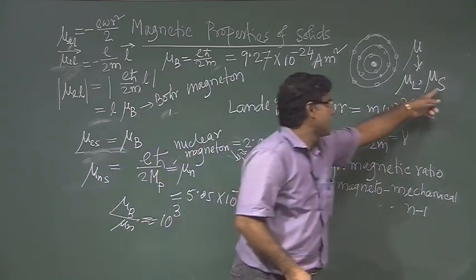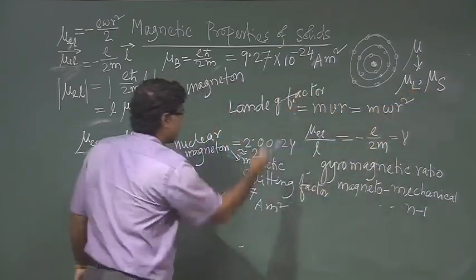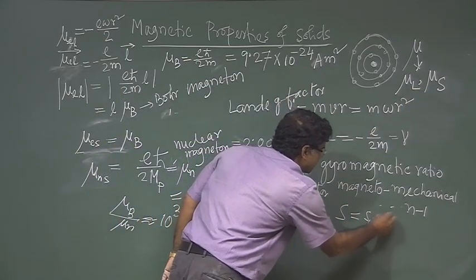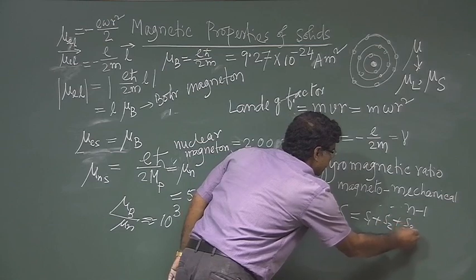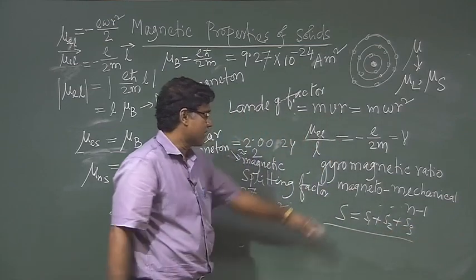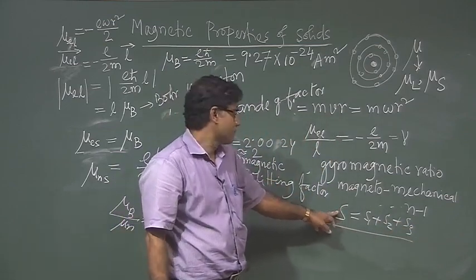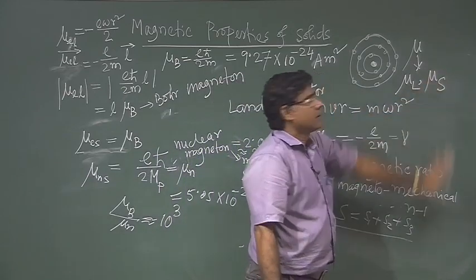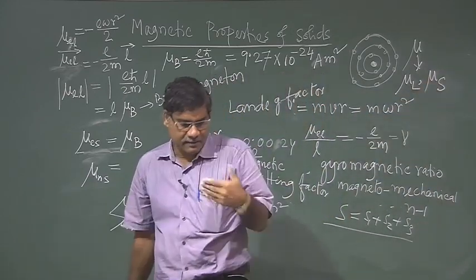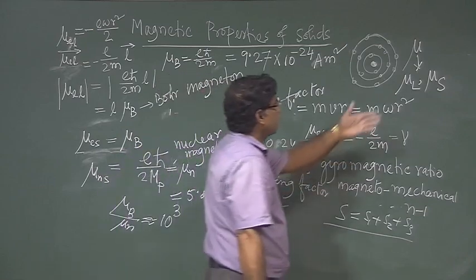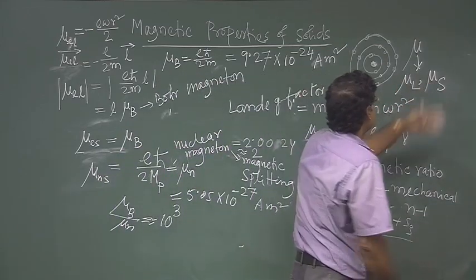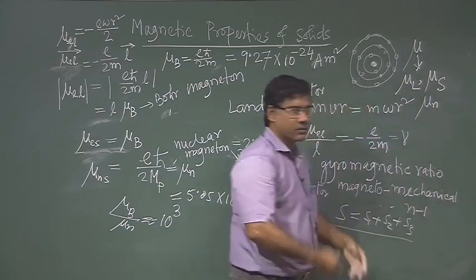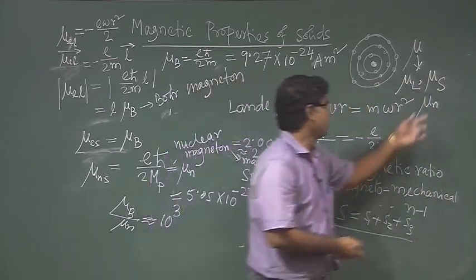So a vectorial summation we have to take. Similarly for L, whatever way we have taken, S will be S1 plus S2 plus S3. So using the vector model one has to find out S, and this will be the spin magnetic moment. Then the other one is mu n for the whole nucleons.